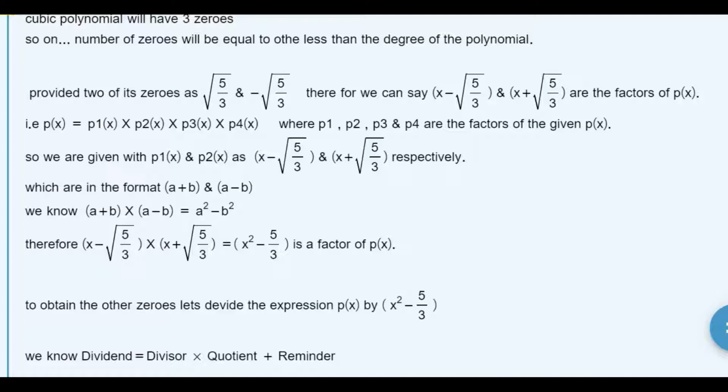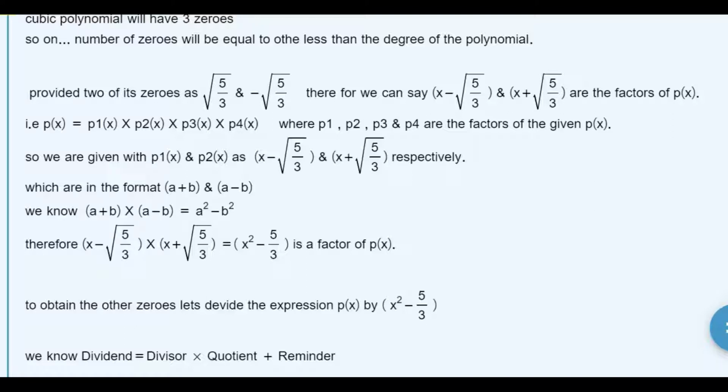So that is p of x is equal to p1 of x, p2 of x, p3 of x, and so on, where p1, p2, p3 are the factors of p of x. So here we are given x minus root of 5 by 3 and x plus root of 5 by 3 as two factors of p of x. I can consider these two as p1 of x and p2 of x.